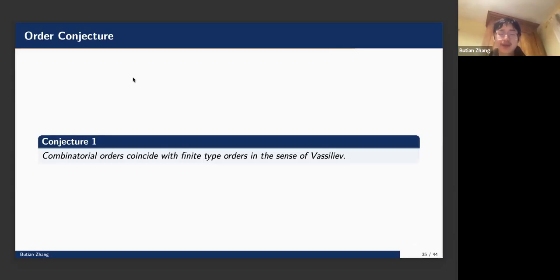Just as the classical Gauss diagram formula has a connection with the description of finite type invariance in the sense of Vasiliev, here we conjecture that for one-cocycles there is also such a connection, but it is not really proved here.